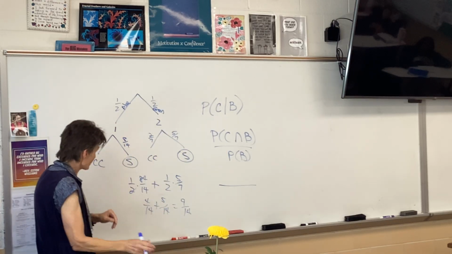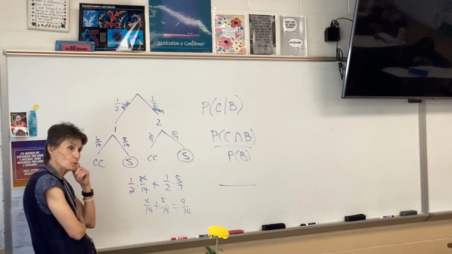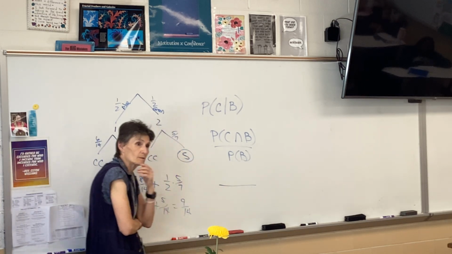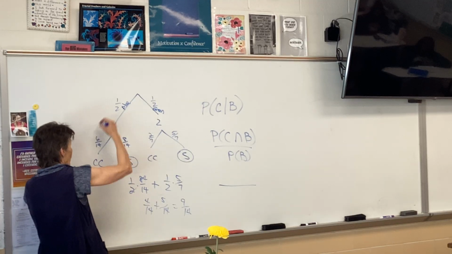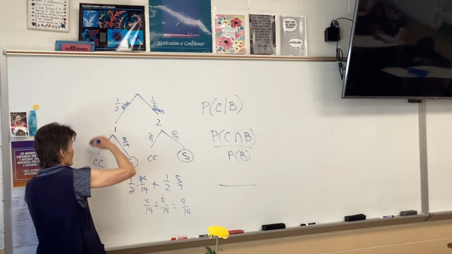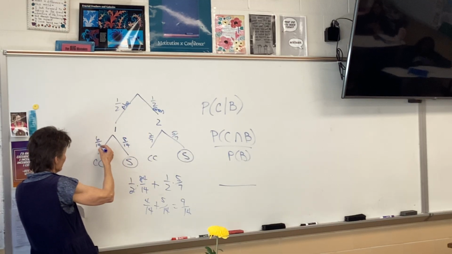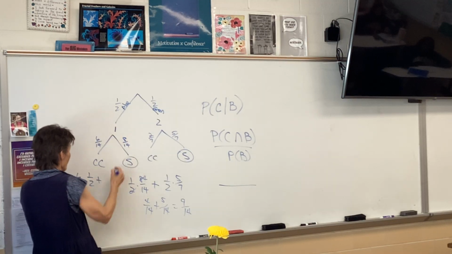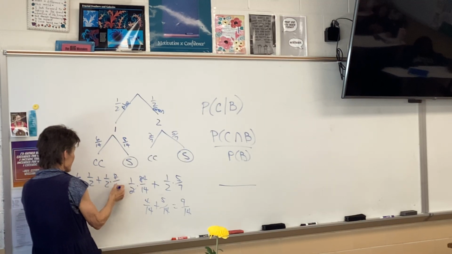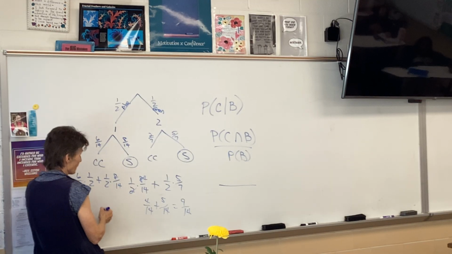What's the probability I get a cookie from the blue jar? That would be my denominator. This is the whole blue jar, so that probability is 6/14 times 1/2, and this one is 1/2 times 8/14. That does work out to be 1/2, doesn't it? Yeah, so that's 1/2.